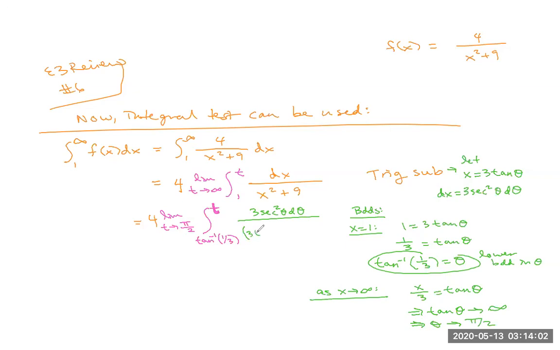X is 3 tangent theta. That quantity is squared. And you have your plus 9 off to the side. Go ahead and save a picture of that if you're going to need it. I'm going to get rid of the trig sub stuff so that I have more room to go over the integral here.